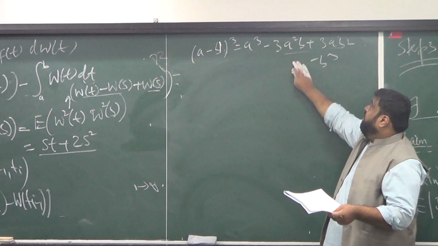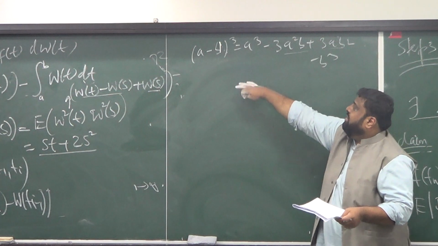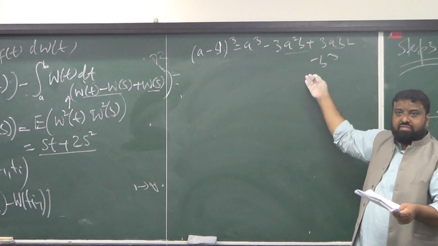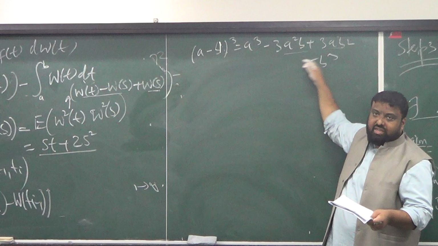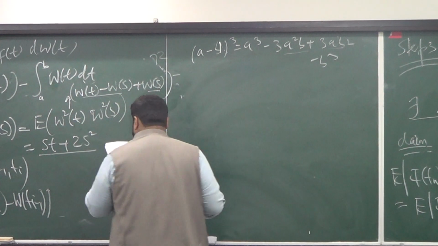So if I want to write this, I'm taking this on the other side and this on this side. So I have the term 3a square b in terms of the rest of the quantity. I'm just directly writing it and we will get into what I'm trying to do.